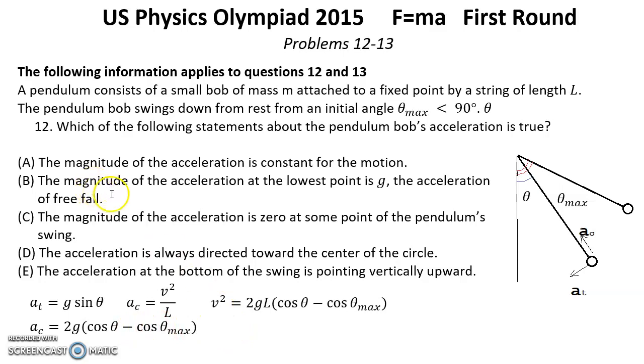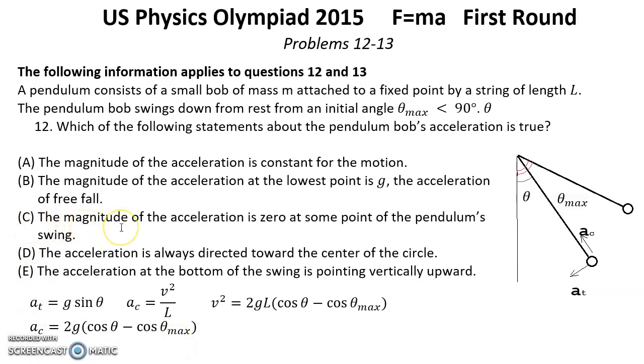B. The magnitude of the acceleration at the lowest point is g, the acceleration of free fall. At the lowest point the tangential is 0 and the centripetal equals 2g multiplied by cosine theta, which is 1 minus cosine theta maximum. So that's not g.